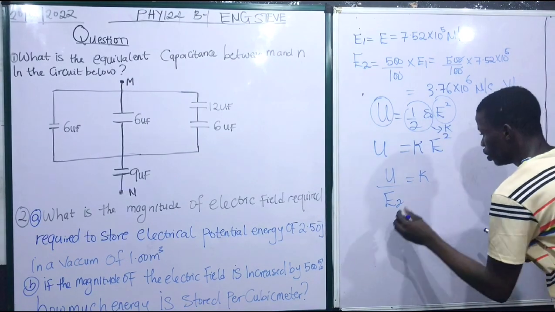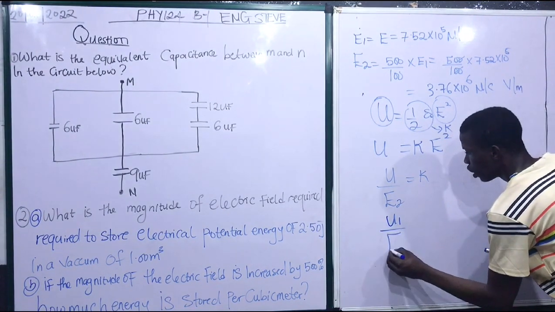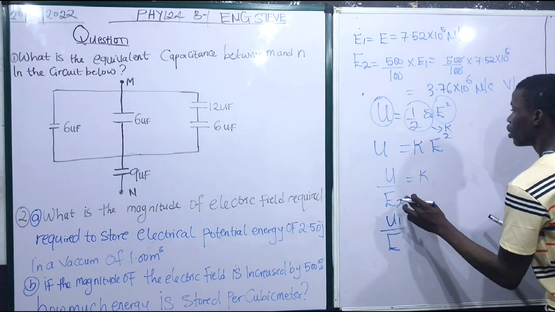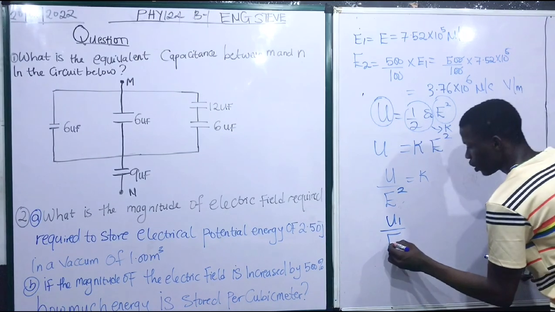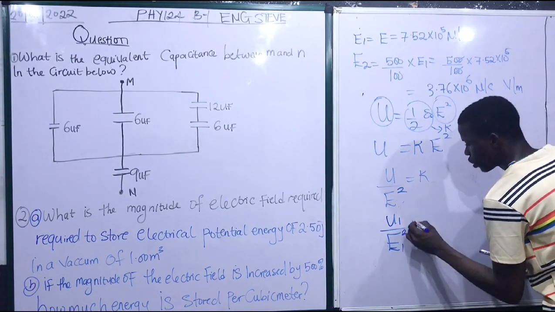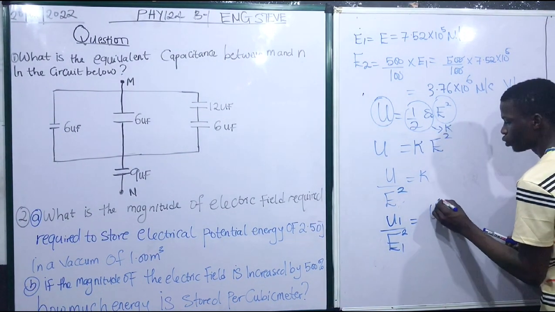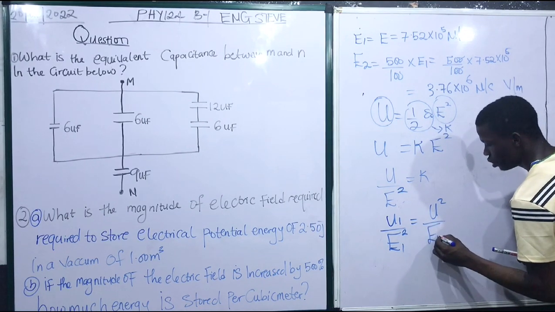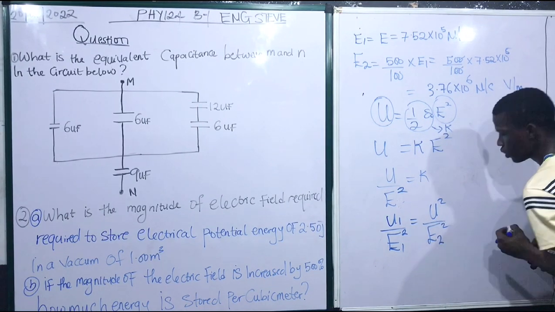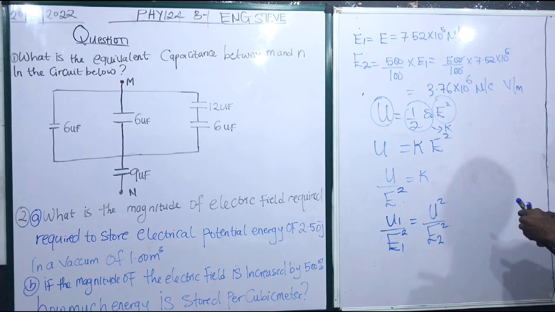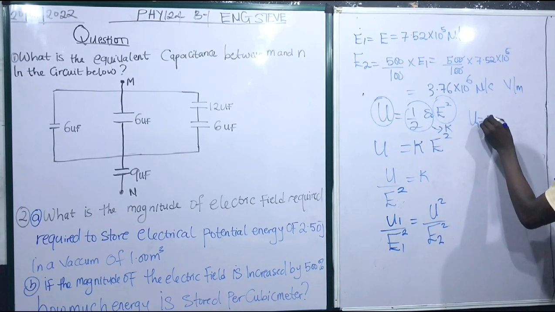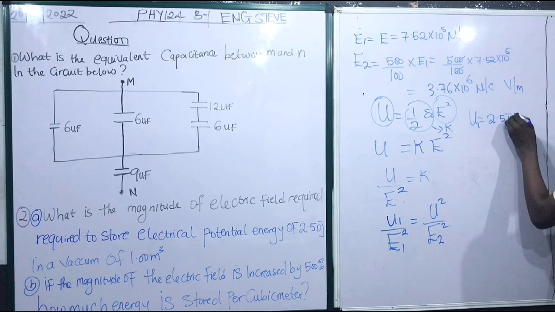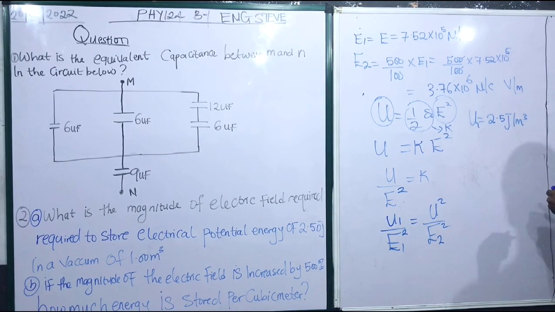So I can say our U1 over E1 square is equal to our U2 over E2 square, where our U1 is equal to 2.5 joules per meter cube. I cleaned that part from the board initially.